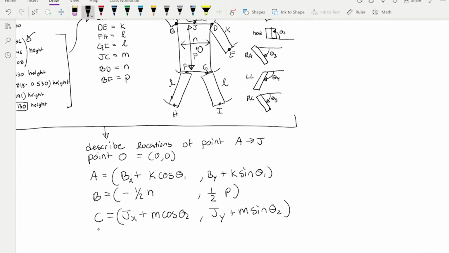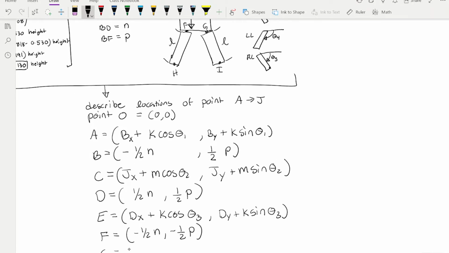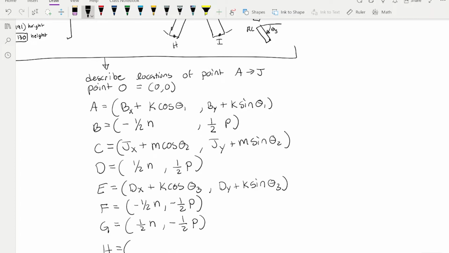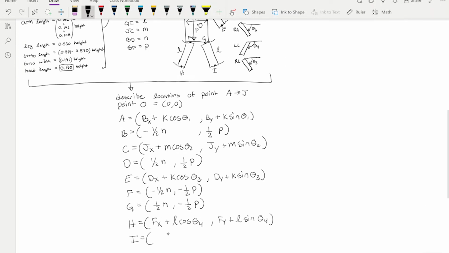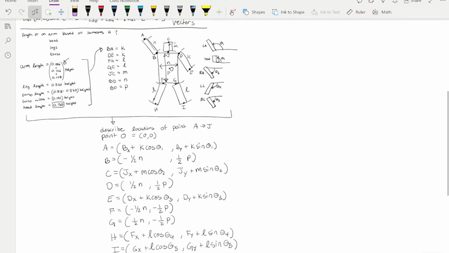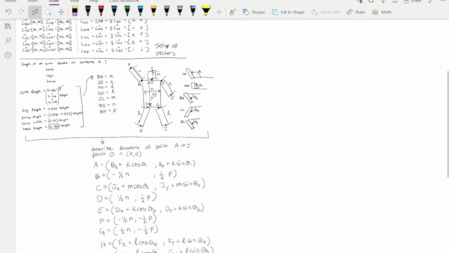Let's fill out the rest real quick. Okay, now that we have all the coordinates for our points, we can use them to describe our vectors.